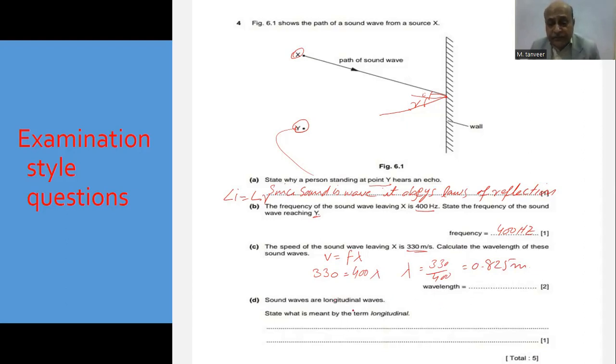Sound waves are longitudinal waves. State what is meant by the term longitudinal. There are two types of waves, transverse wave and longitudinal wave.